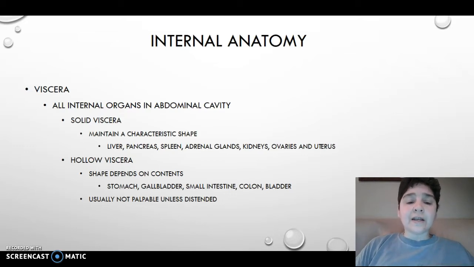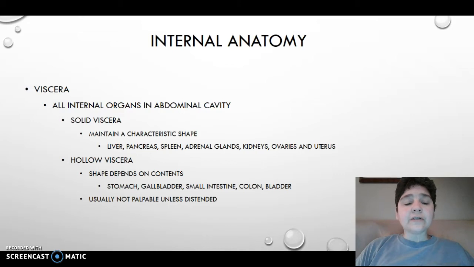They're solid, and that means that they always have the same shape. The shape that we would expect a liver to look like is the shape that it will always have. It is filled either with muscular layers or with tissue layers, so it doesn't ever lose its shape.